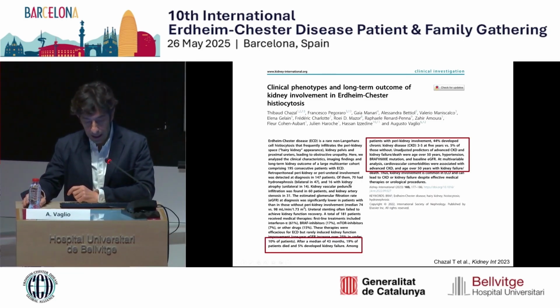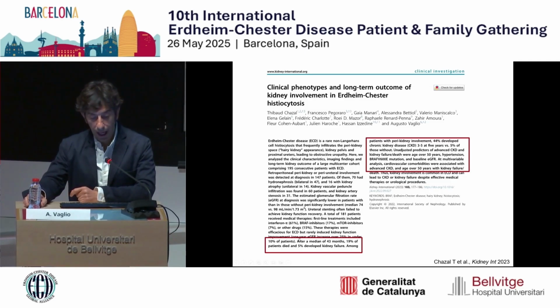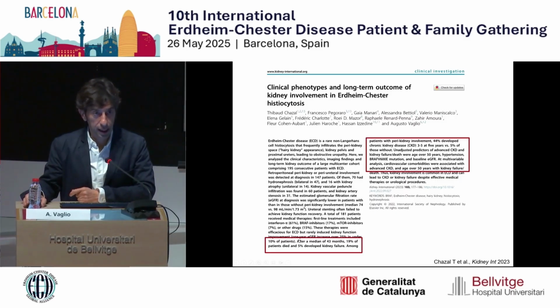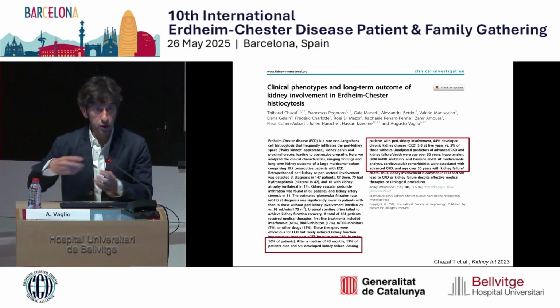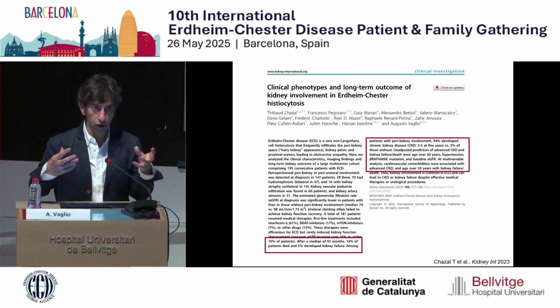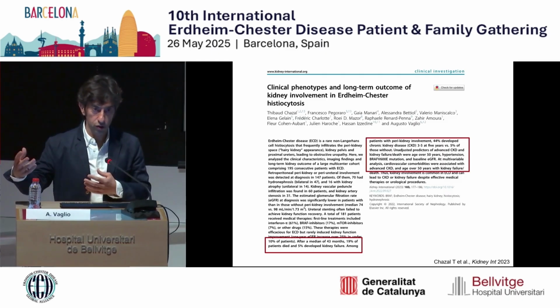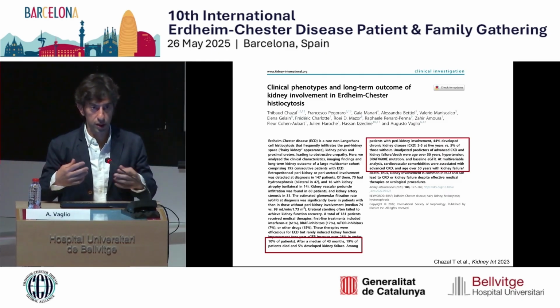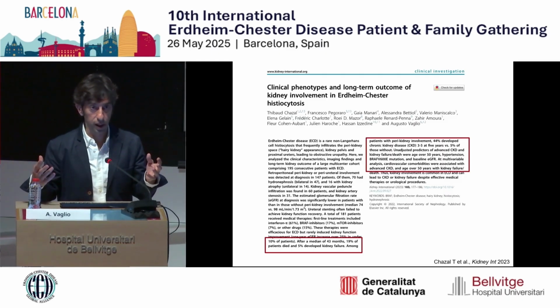And you can see that there was a substantial proportion of deaths, about 20% of the patients, and an additional 5% of them developed end-stage kidney disease. And this was due to the combination of all of the ureteral obstruction, renal artery stenosis, and other factors as well.